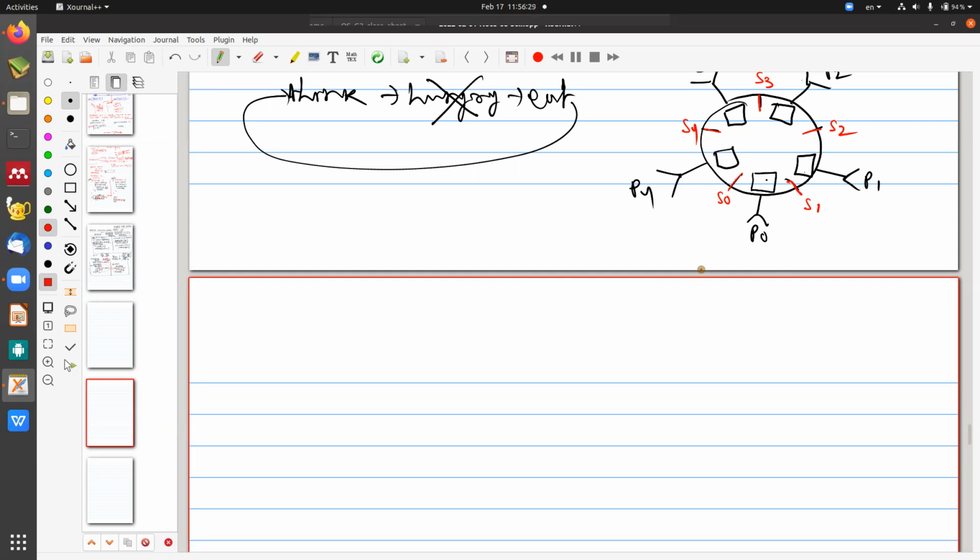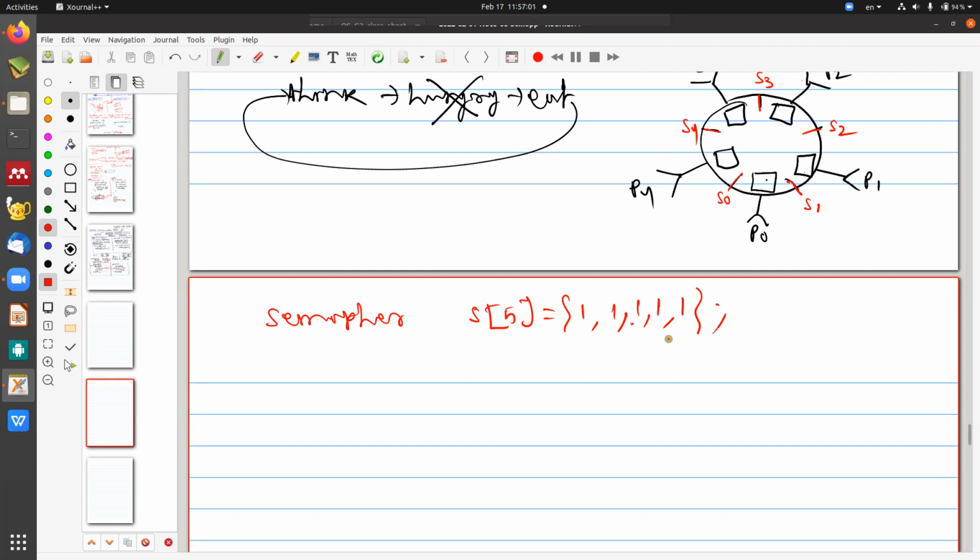For each of S0, S1, S2, S3, S4, the same rule has to be applied. So what they thought: create an array of semaphores, S of 5, which is initialized with 1, 1, 1, 1, 1. There are 5 semaphore variables, and each semaphore variable is assigned 1.